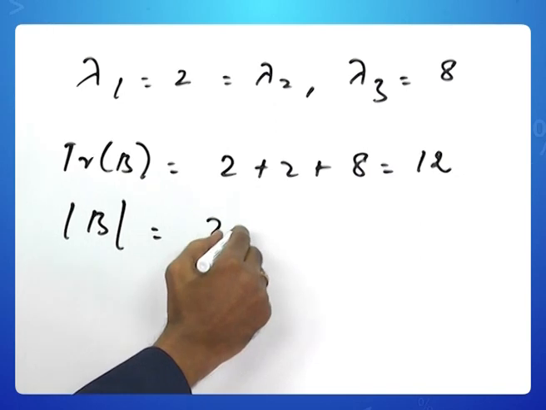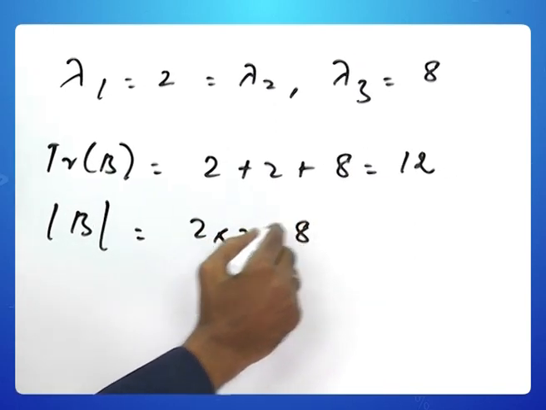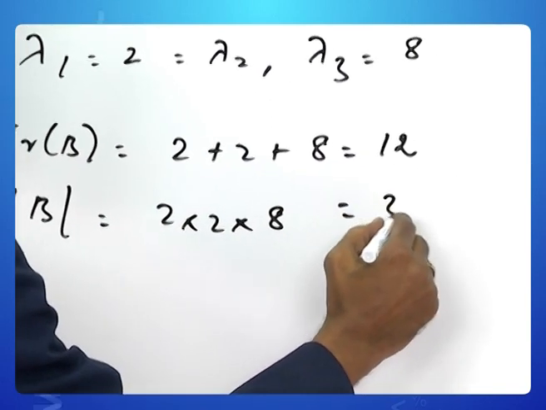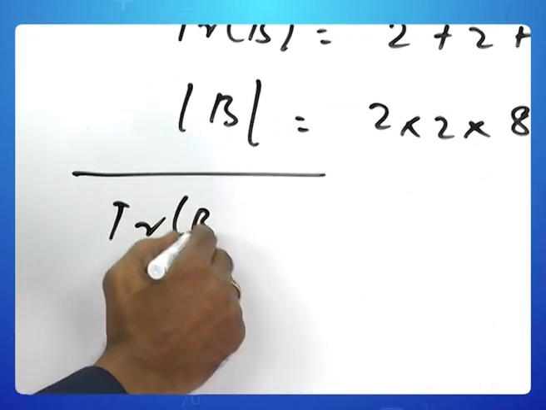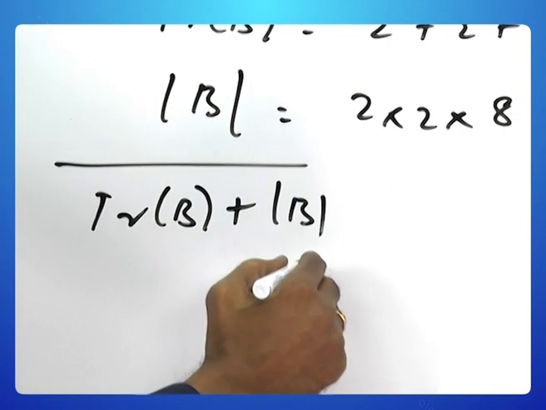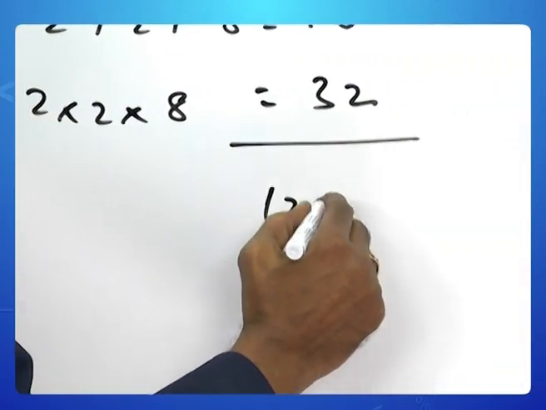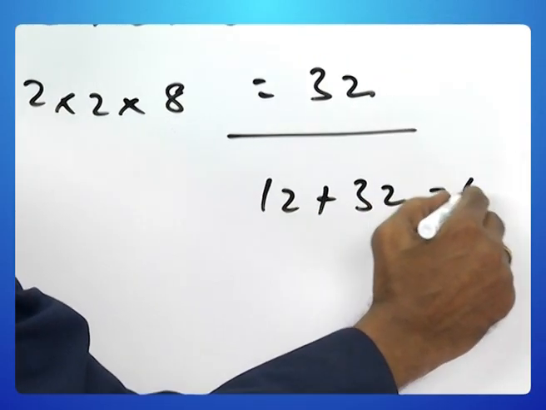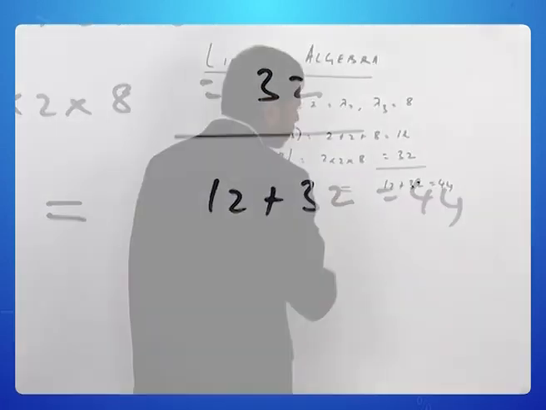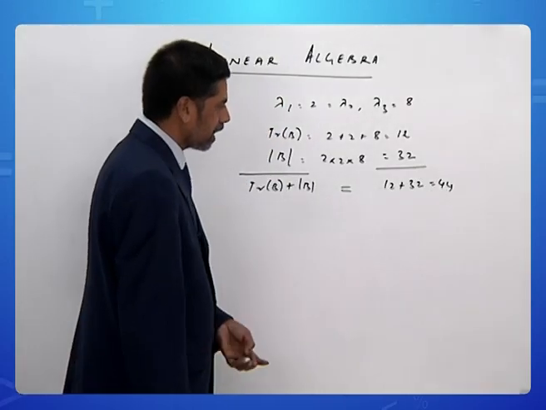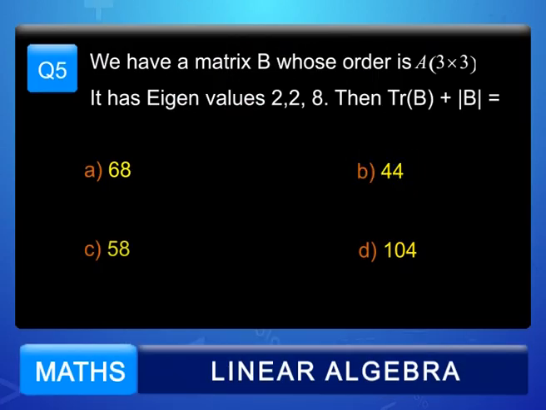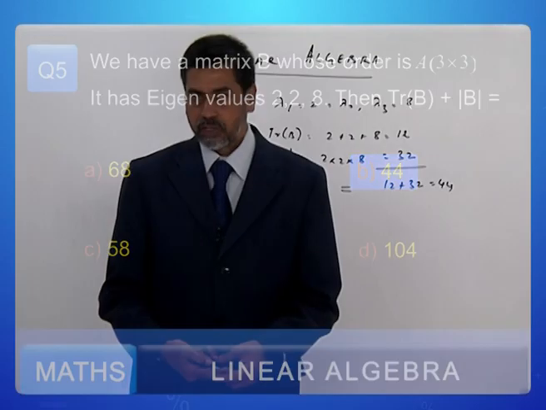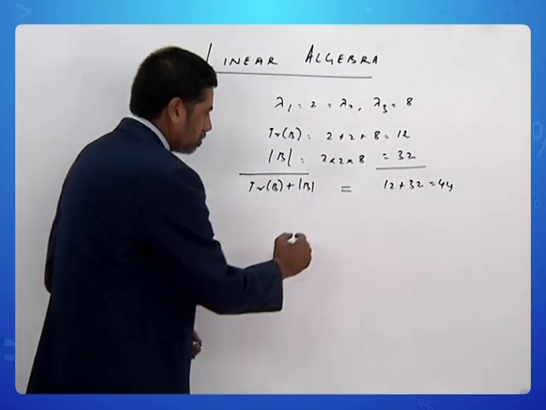Determinant of B is the product of eigenvalues, which is 32. Therefore, trace of B plus determinant of B will be 12 plus 32, which is 44. Therefore, this is a simple direct application of the principles of eigenvalues, and the correct option for this problem is B. Let's go to the next question.